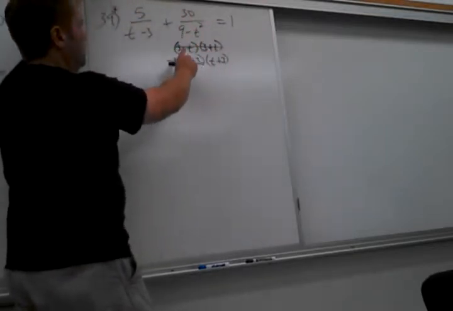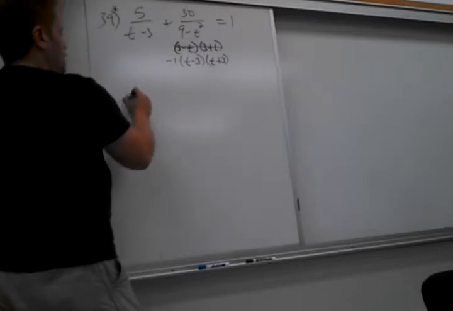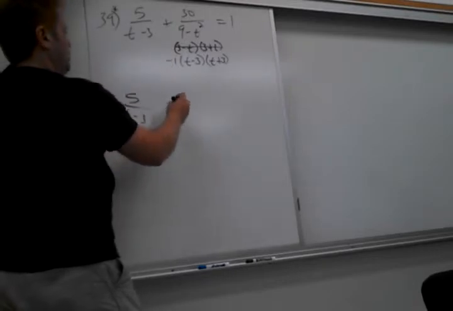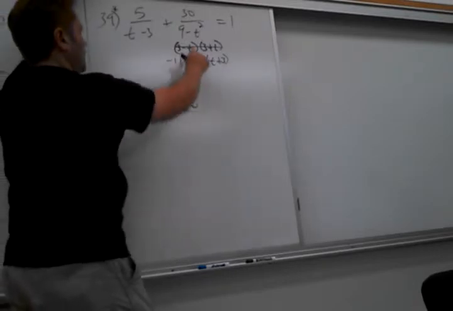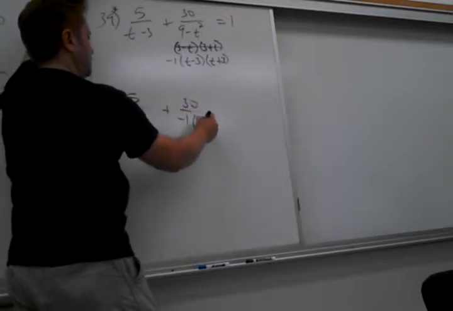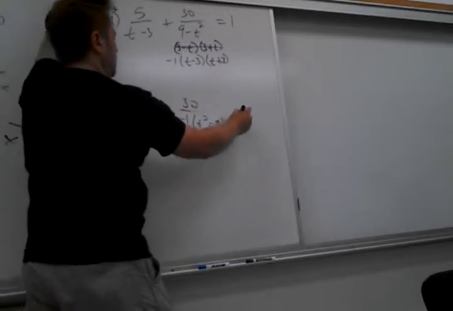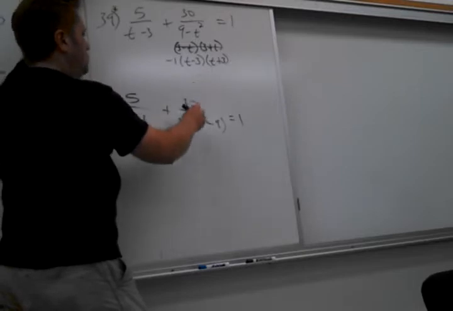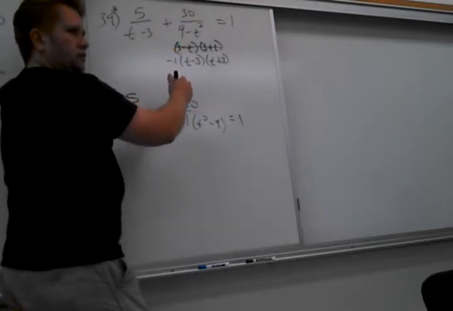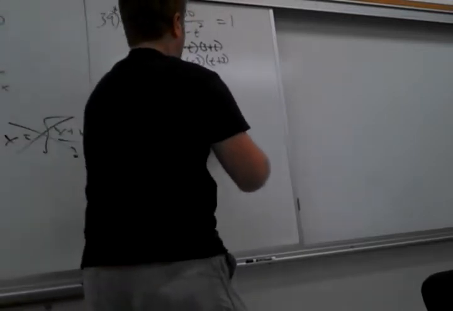But now I want to show you. If I take a -1 out, or if I just multiply top and bottom by -1, let's look at it more like that.